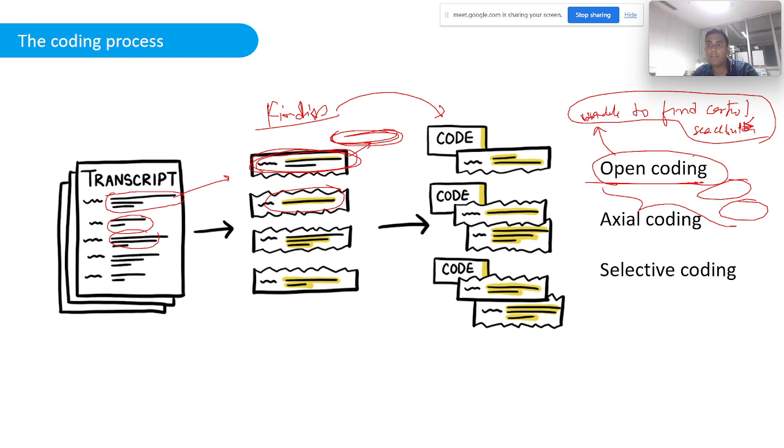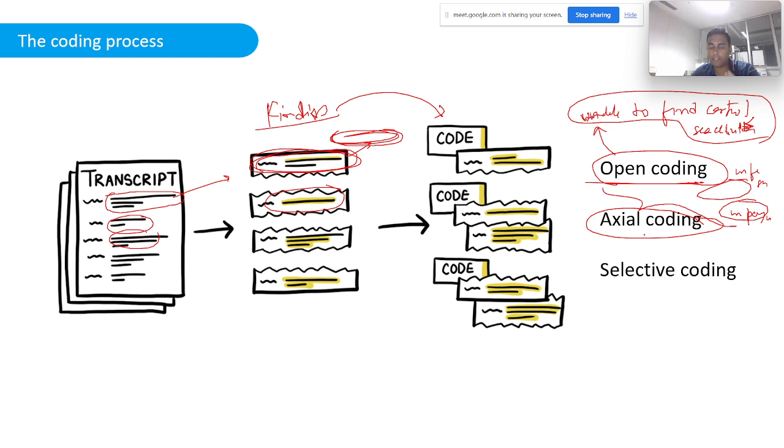So if you see unable to find control, unable to find search button, or unable to find pay information, that means an axial code can be a label which is a combined characteristic of all these open codes.